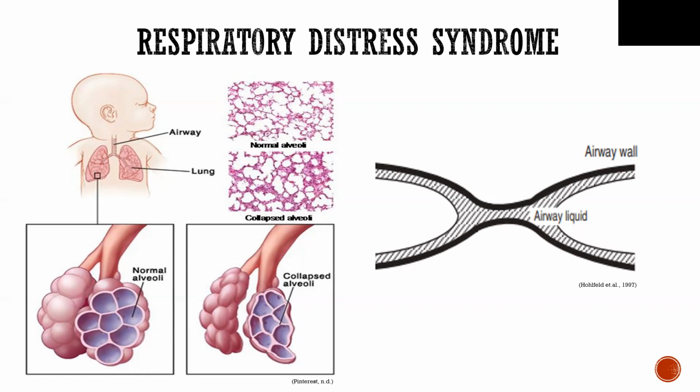Premature babies, on the other hand, are the ones at higher risk. It is said that the production of surfactant begins at about 20 weeks of gestation.